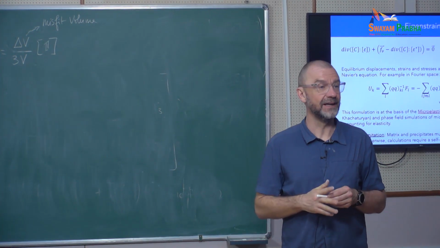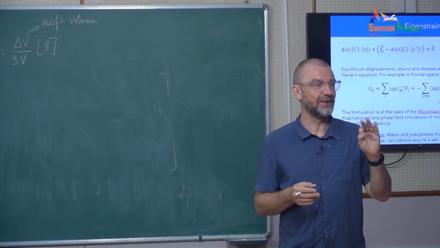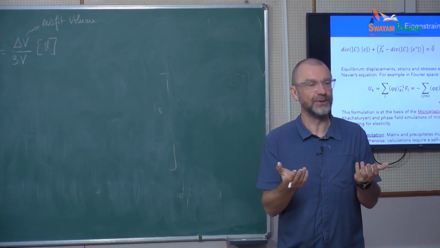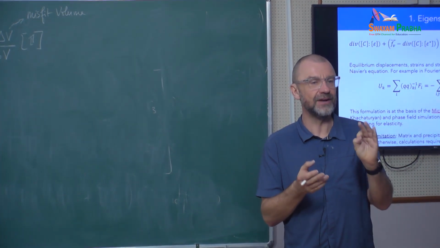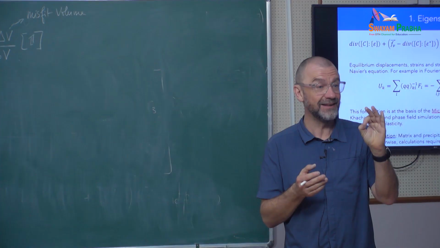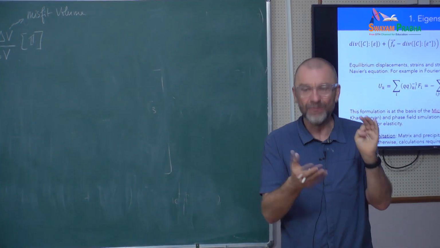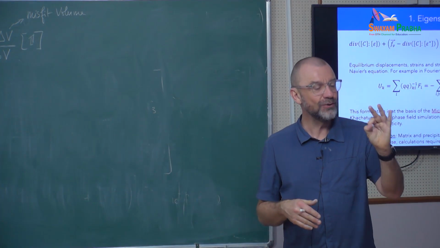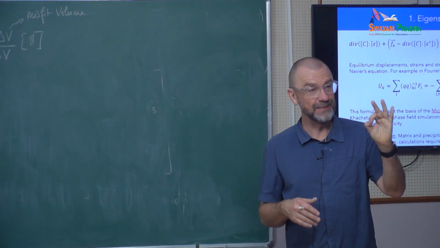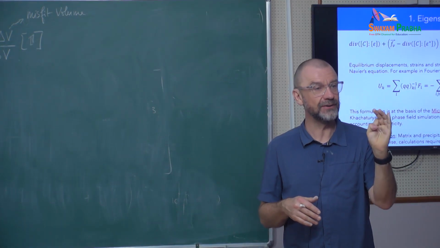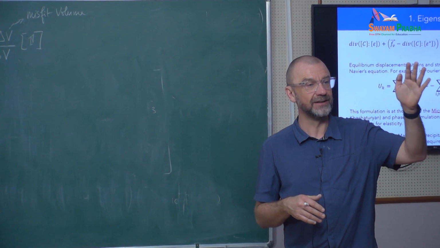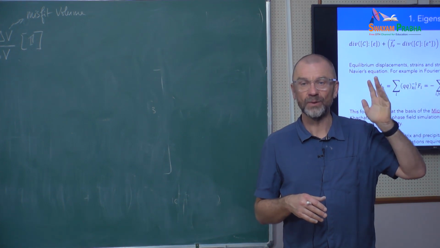A vacancy, right? From an elasticity point of view, a vacancy is just a very small precipitate, or you can model a vacancy as an atomic scale precipitate with a smaller lattice parameter than the outside. What else?